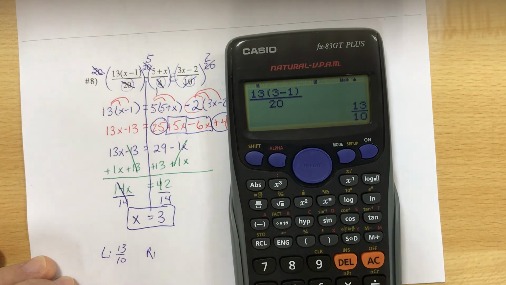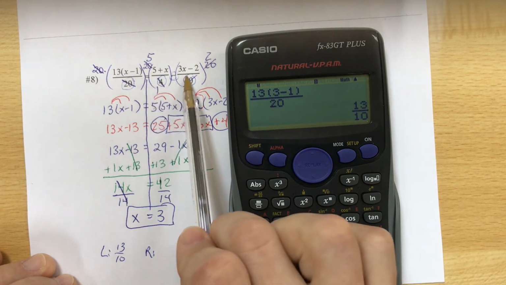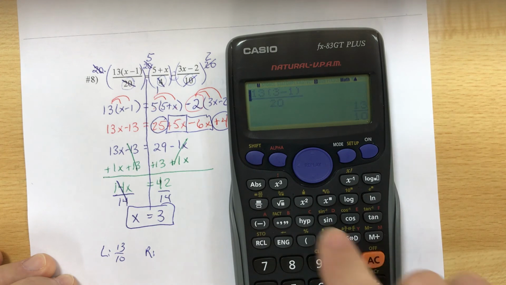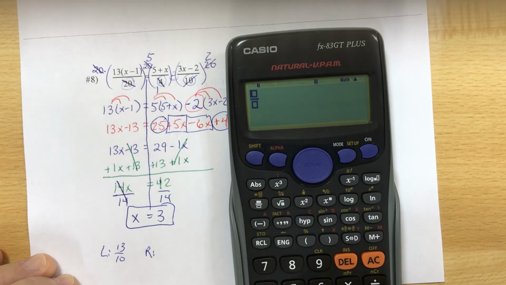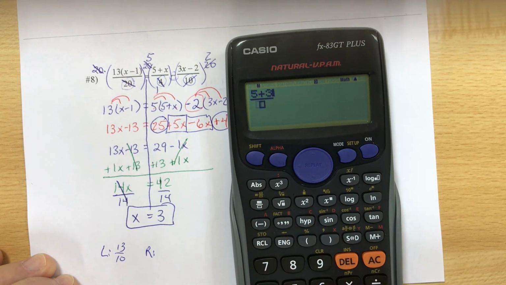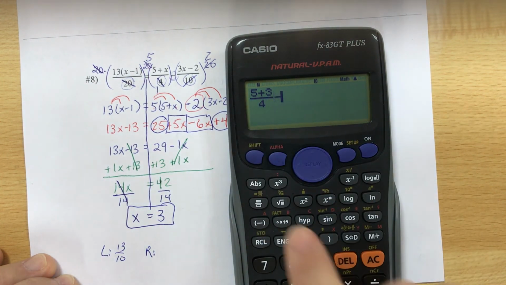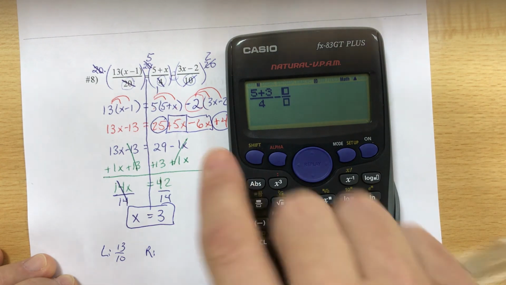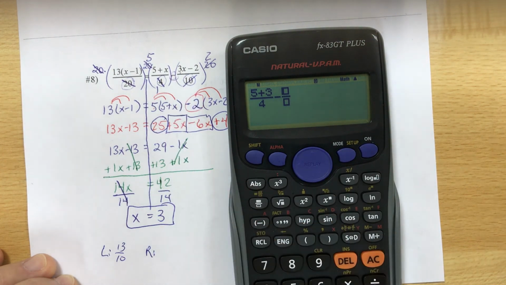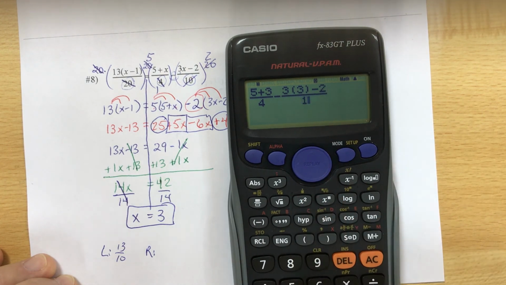And then the right side, we had two fractions. So we had 5 plus x, that was 3, divided by 4. And then come to the right, minus a fraction. It was 3 times x, so 3 times 3 minus 2 divided by 10.